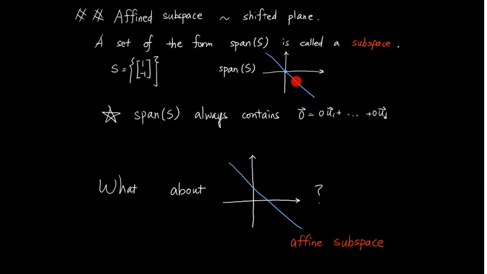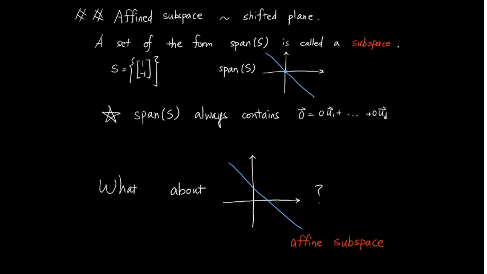You also have 1 minus 1, 2 minus 2, 3 minus 3, and so all the points on this line are the set span of S. So a set like this, we call a subspace. It has a feature that it is very flat, and usually it is a point, a line, or a plane.